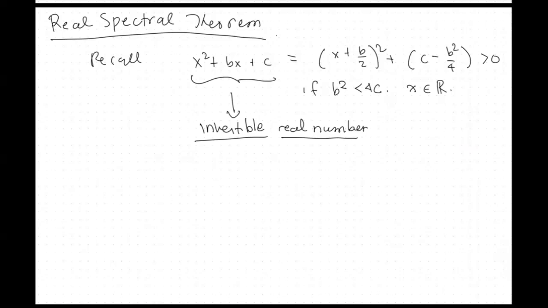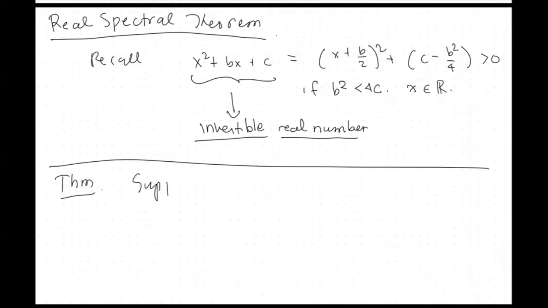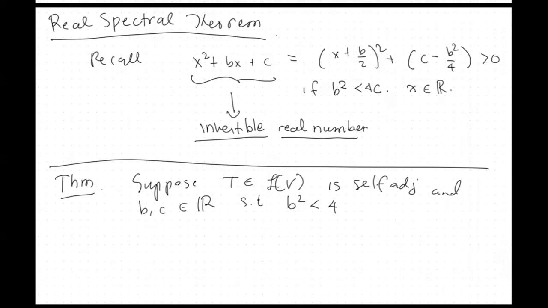So now we will use this concept by replacing x with a linear operator. Let me state this as a proposition, or in this case, as I always use, theorem. Suppose that T is a self-adjoint linear operator on V, and B and C are real numbers such that B squared is less than 4C.